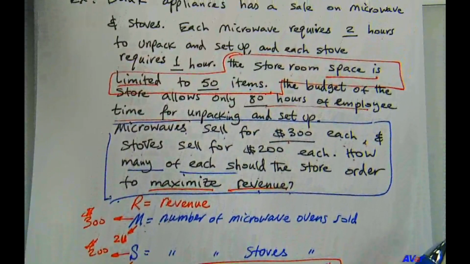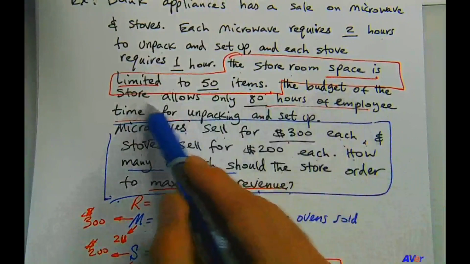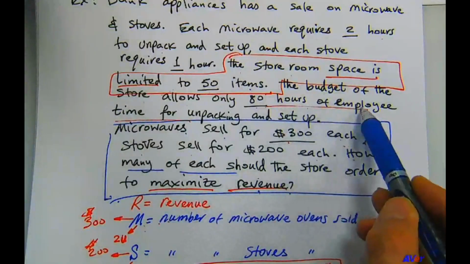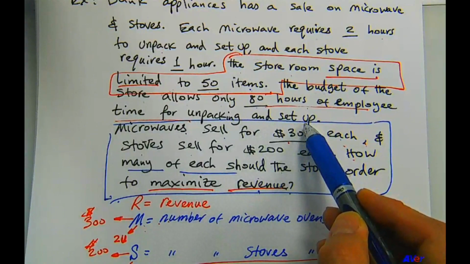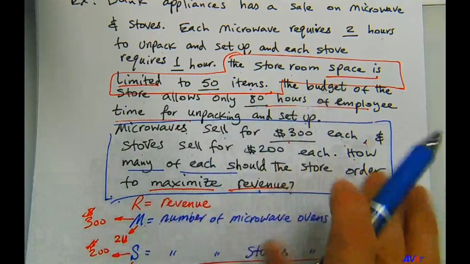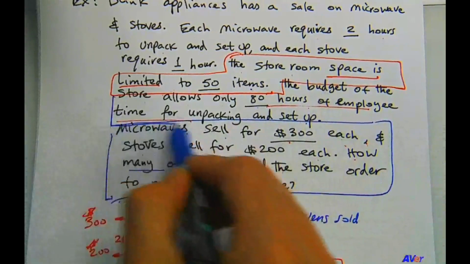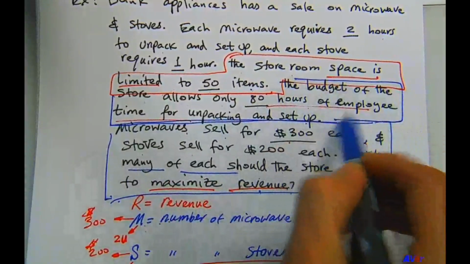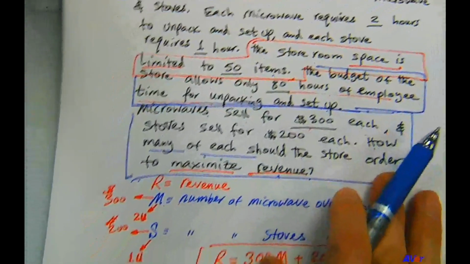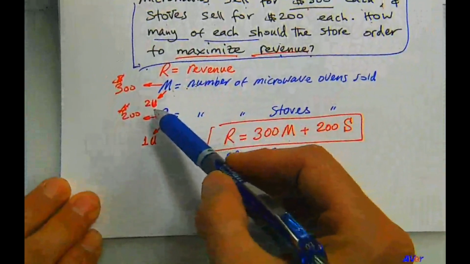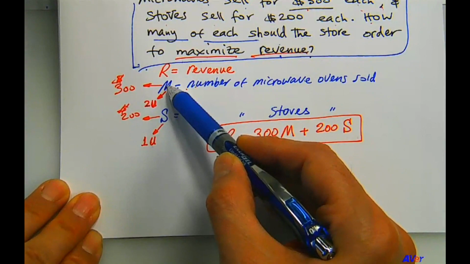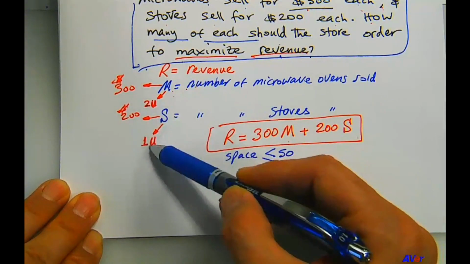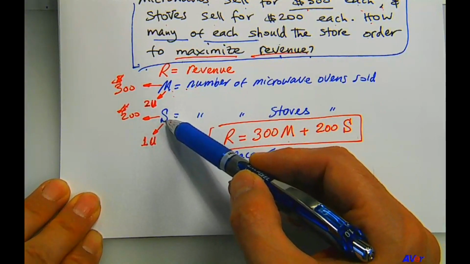But let's read on. And the budget of the store allows only 80 hours of employee time for unpacking and setting up. So this piece about employee time is critical in terms of how much time is needed to put together a microwave and how much time is needed to put together a stove.